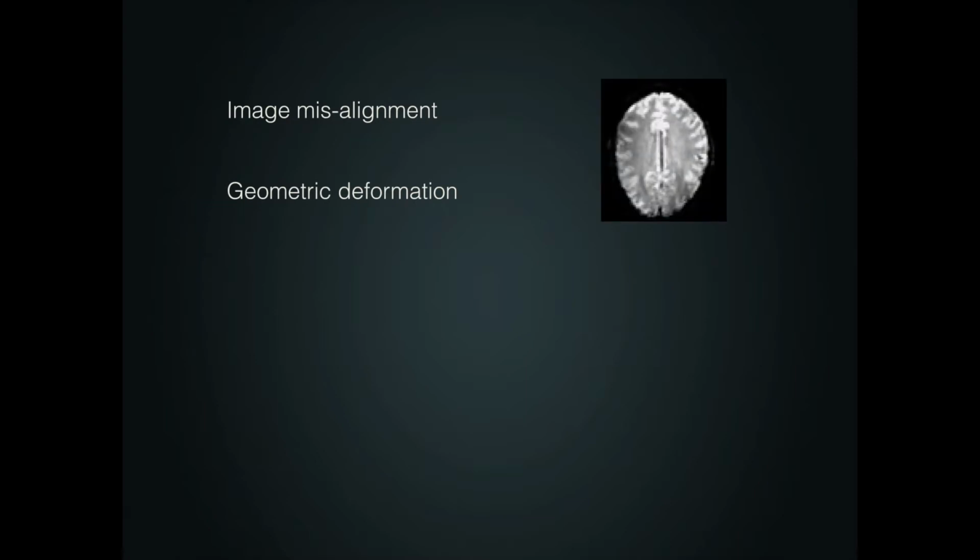Now let's take a look specifically at motion artifacts. I like to subdivide this problem into image processing issues that movement causes and time series denoising issues. So first, to look at the image processing issues. Movement will cause image misalignment and geometric deformation. Now, the latter is particularly significant for large movements, as you can see on the image at the right-hand side of the screen.